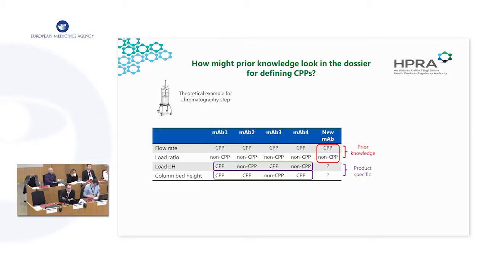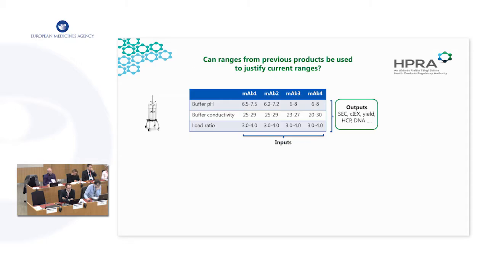But also, along that vein, maybe there are some process parameters that for some products were critical, but for some were not critical, so it's not quite set in the platform that some are always critical and some are not. So you might need some product-specific studies for these. The idea here is just to represent that you can have a combination of prior knowledge and product-specific data in the dossier, and you can justify what to study and what you can omit in your studies based on previous submissions.